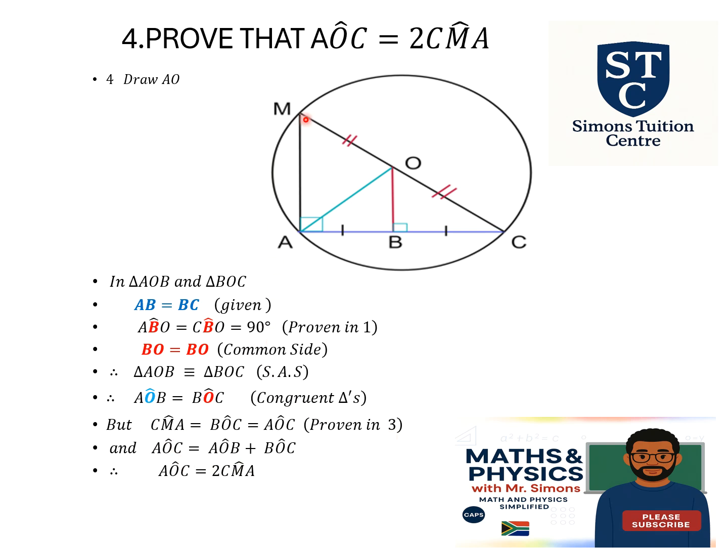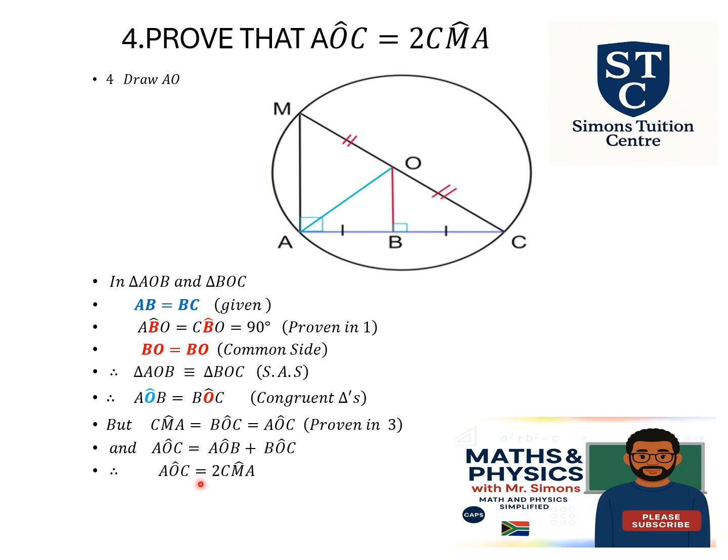So CMA, that angle there, equal BOC, they were corresponding, equal AOB. And AOC equal AOB plus BOC. So this angle AOC equals the two added together. If the two of them added together equal that angle, then I can say AOC equal 2 times CMA. I typed this back to front, my apologies.